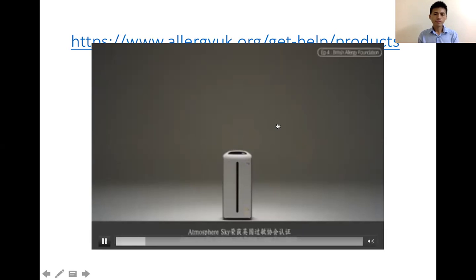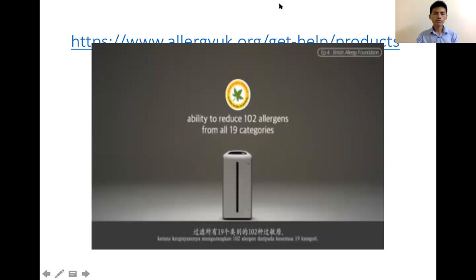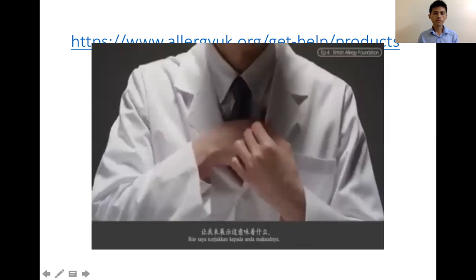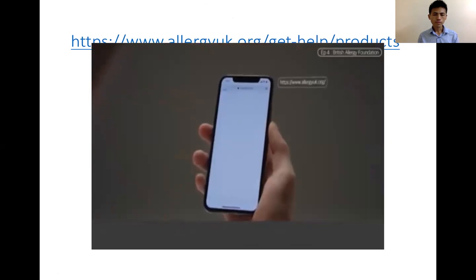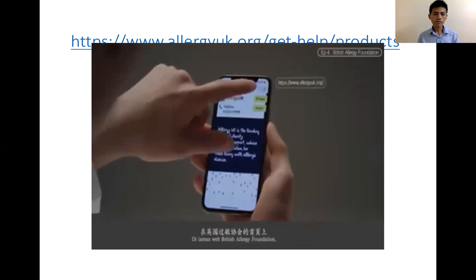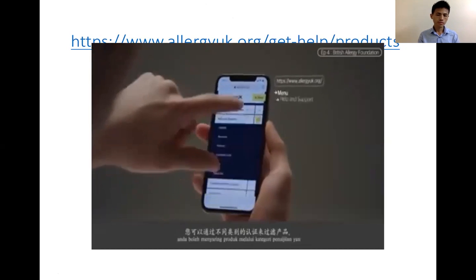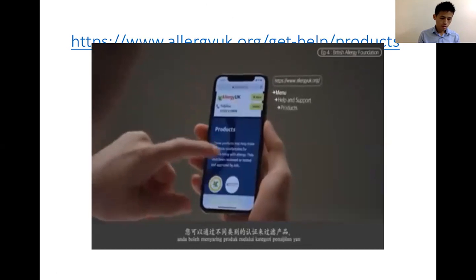Atmosphere Sky is certified by the British Allergy Foundation for its ability to reduce 102 allergens from all 19 categories. Let me show you what that means. On the homepage of the British Allergy Foundation, you can filter products through the different categories of certification.